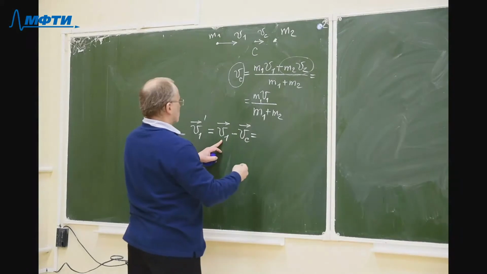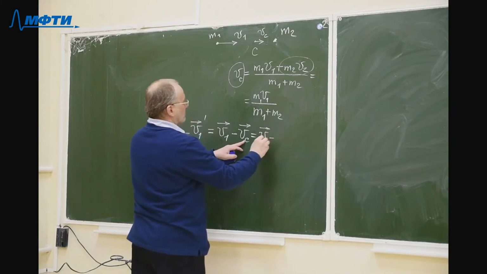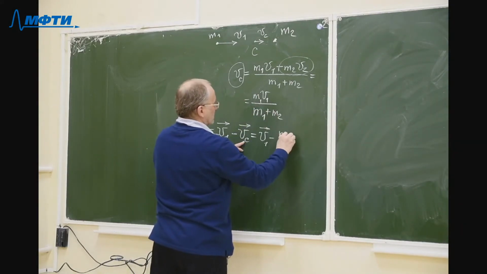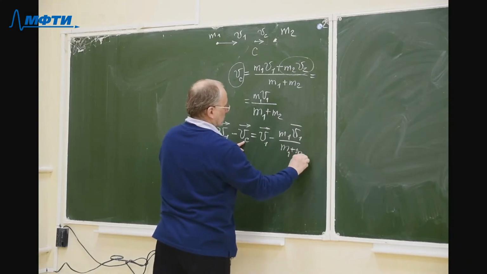So if I calculate it, I will find it as v1 minus the velocity of the center of mass, that is m1 v1 divided by m1 plus m2.